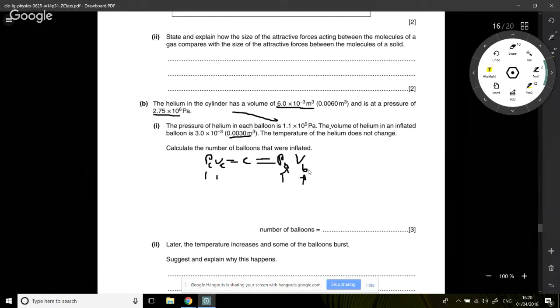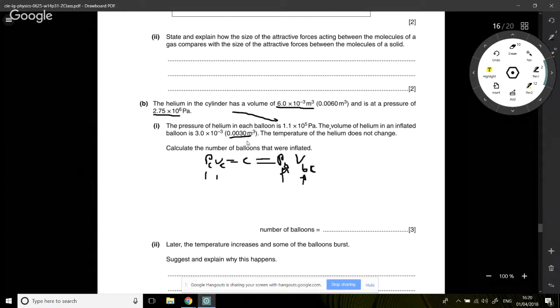Let's call this balloon pressure, and then let's call this balloon cylinder. In other words, the volume of that gas that would be taken up if the cylinder was all released to balloon levels of pressure.